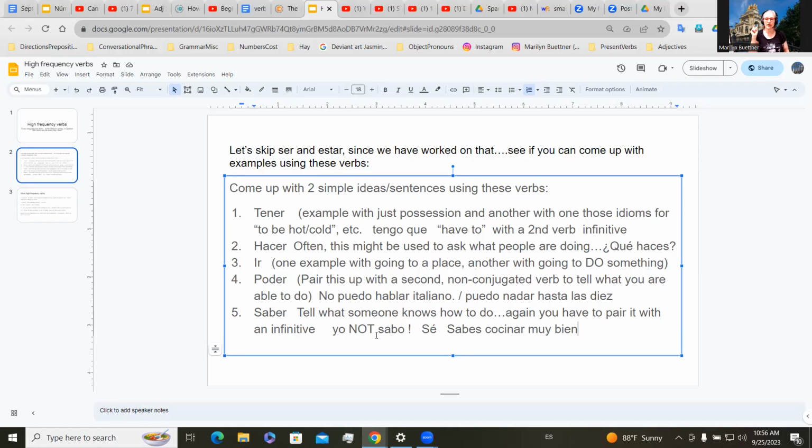In English, we say how. We don't need the word how. When we say this in Spanish, that how word can go bye-bye. Sabes cocinar, right, is all you need. Sabes cocinar muy bien. Okay, vale. You know how to cook really well.